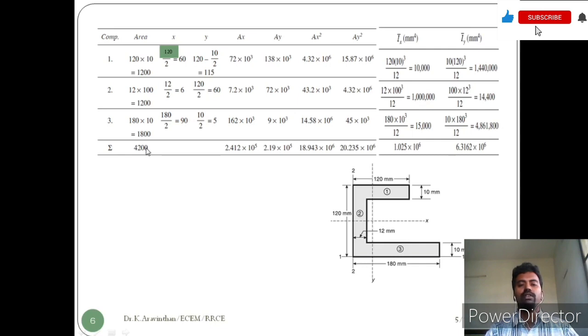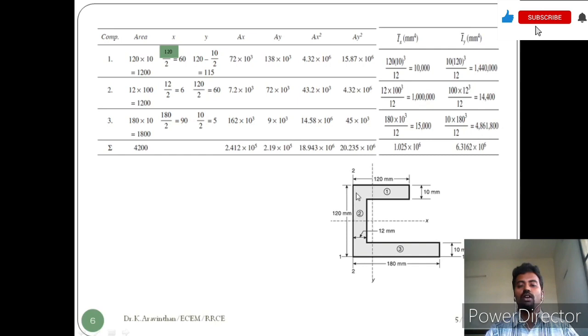Right now we have to identify x and y here. Why? Because if you cut the component along the y axis, it is not symmetrical, and if you cut along the x axis, the component is not symmetrical. That is why you have to find the x and y components from the reference plane. So first let us find the x component. Let us take this y plane.